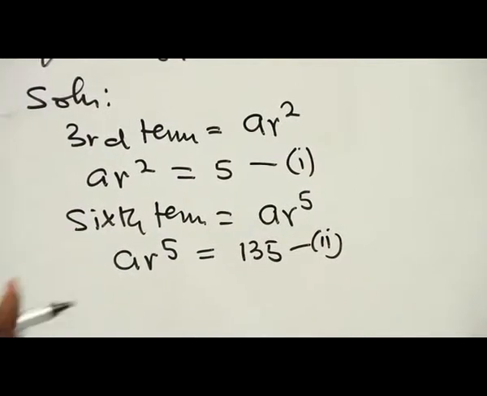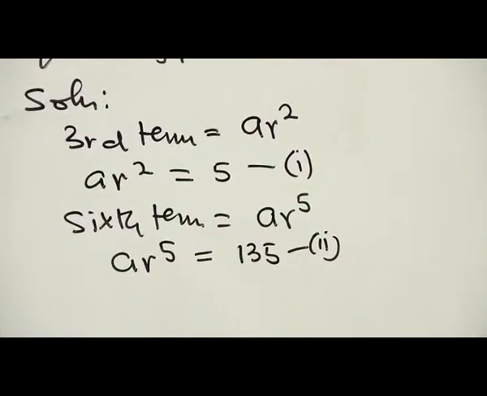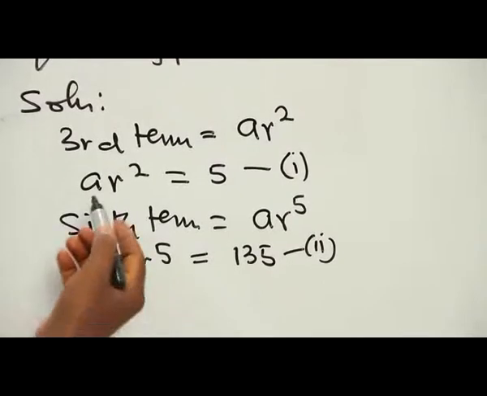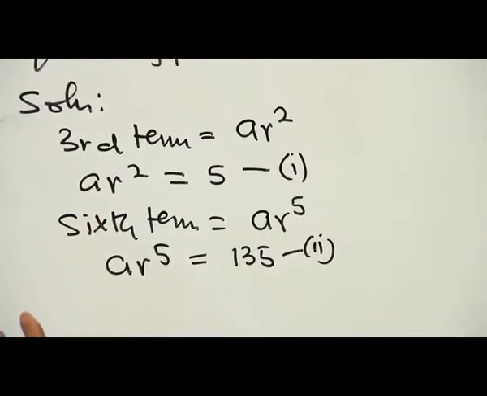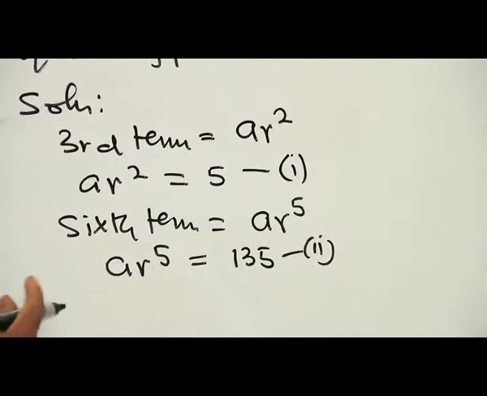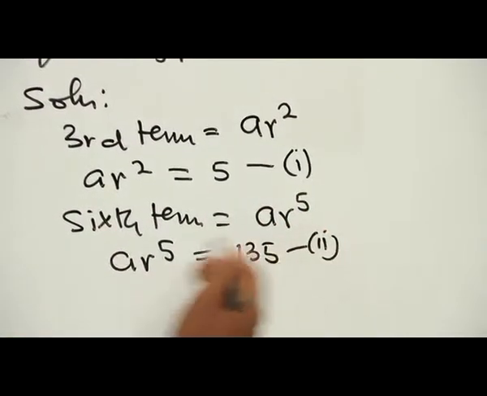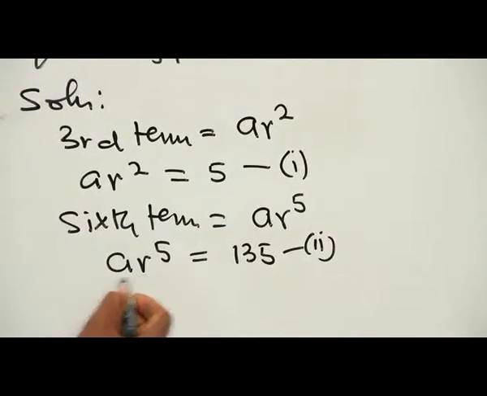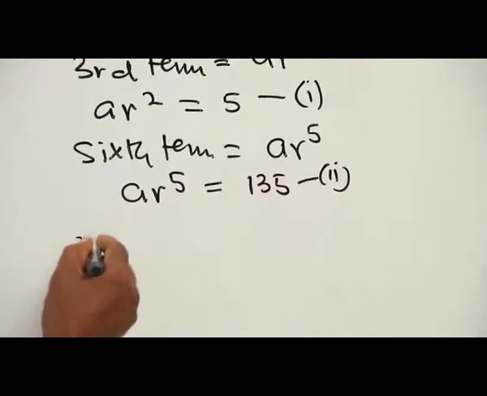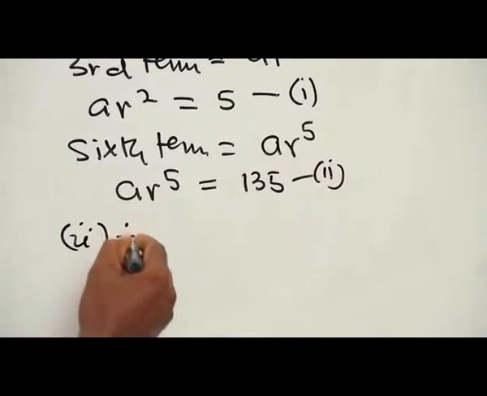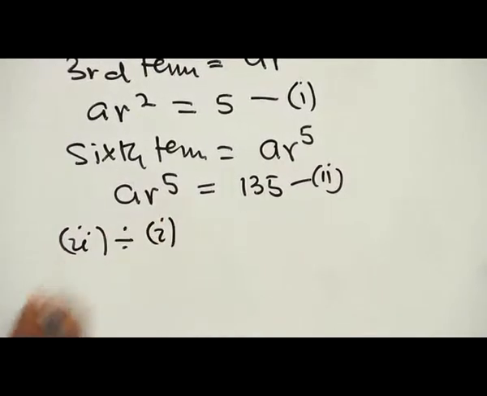Now, usually in geometric progression, it is easier to solve this simultaneously by dividing the left-hand side by the left-hand side of the equation and the right-hand side by the right-hand side value of the equation. So in this case, I'm going to divide equation 2 by equation 1.